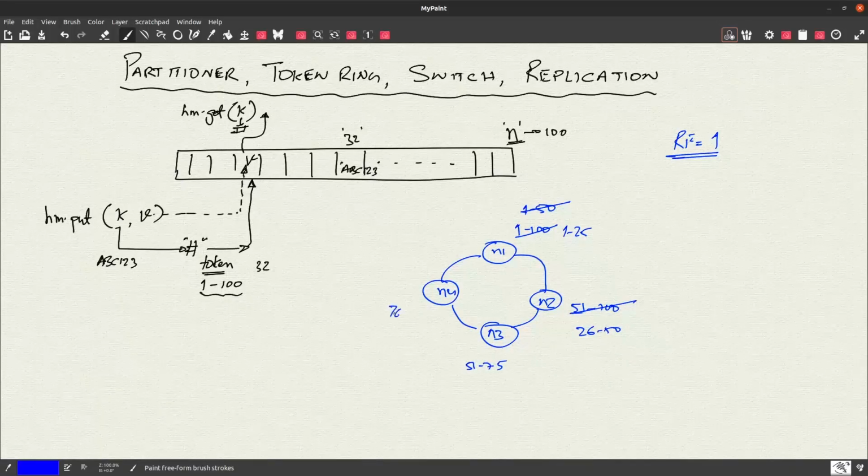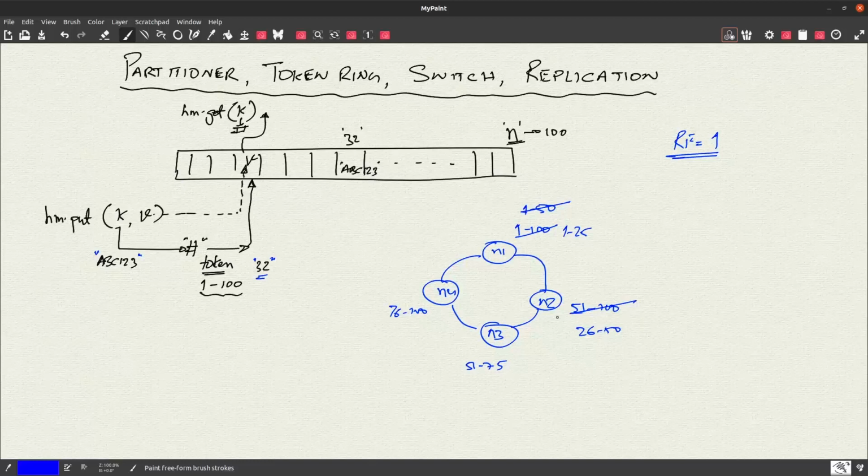And this one is 76 to 100. 25 tokens each. So now you can see that if I have an incoming data which generates a specific token, I know precisely by virtue of this token and this token distribution, token ring, I know ABC123 data has to go to node number 2.